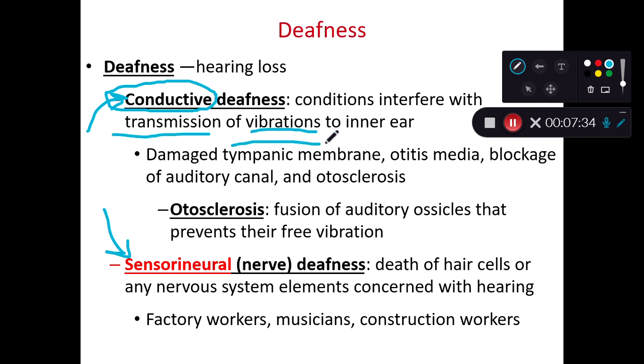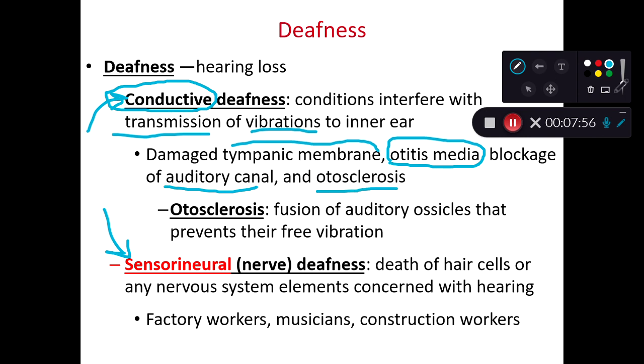So damage to the eardrum, damage to the middle ear, the bones of the middle ear. As we look at the auditory canal, maybe there's a lot of earwax or cerumen that has blocked it up. Or maybe the bones of the middle ear have become very stiff. We have otosclerosis.